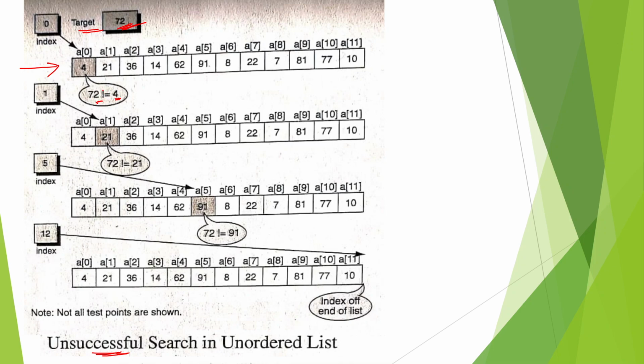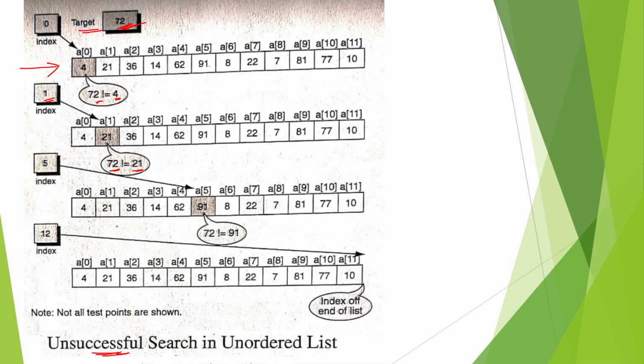If it is a no match, we just increment the index value and go to the next item, that is 21. Compare 21 with our target 72. Again, it is a no match.